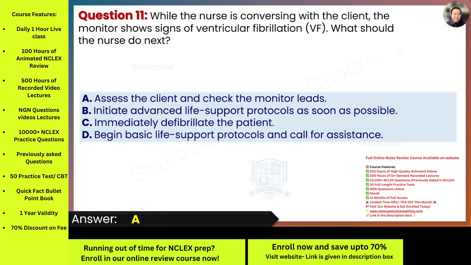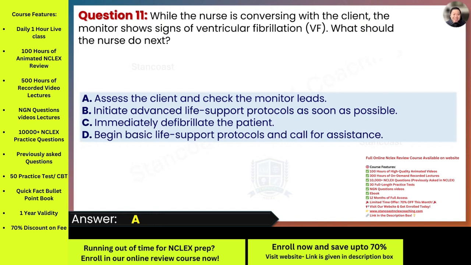Now, what about letter D? Begin basic life support protocols and call for assistance. We know that basic life support, or BLS, should be initiated if the patient is unresponsive or not breathing. But in this case, the patient is still speaking and has cardiac output. So this means they are likely not in full cardiac arrest.